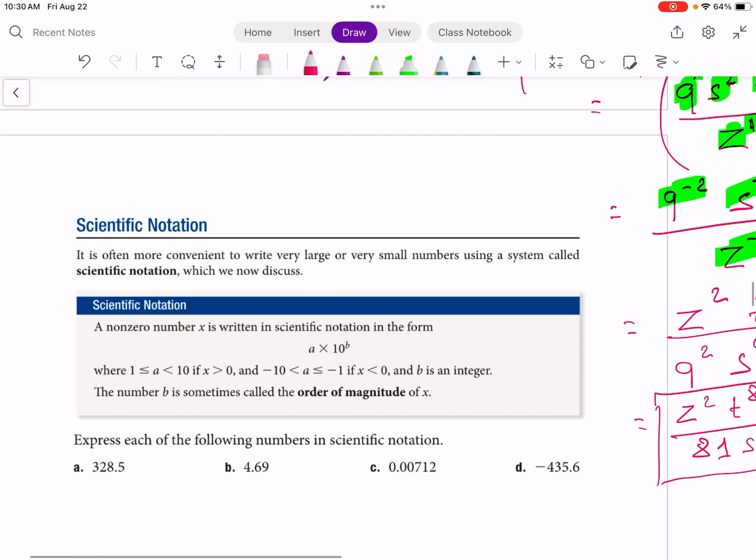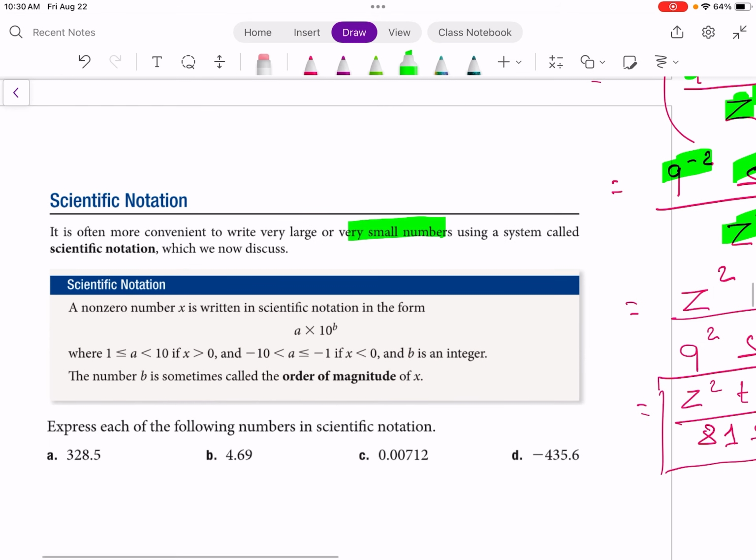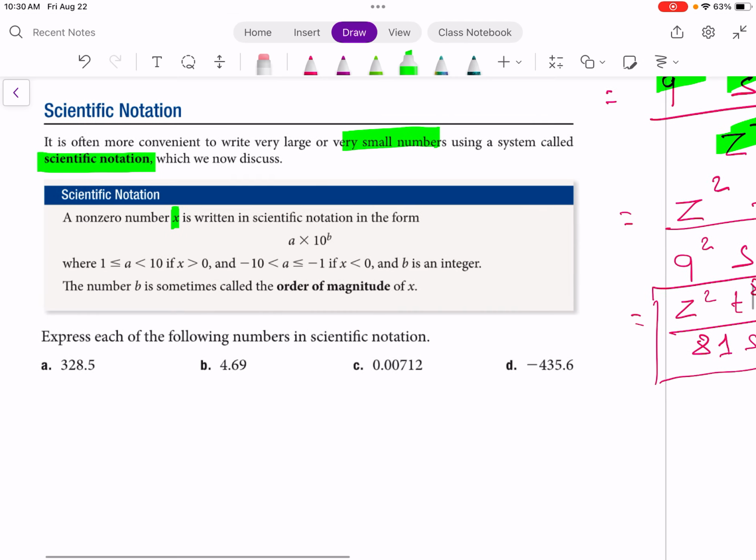Okay, so the next one here, if we have a very big or very small number, we can rewrite those numbers with the system called scientific notation. For example, let's say we have x, a very small or very big non-zero number. Then we can write this x as a times 10 to the power b.